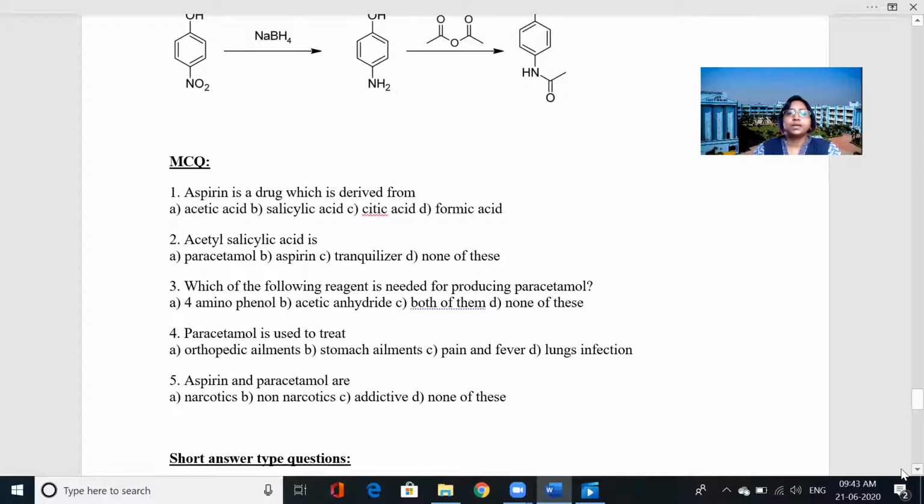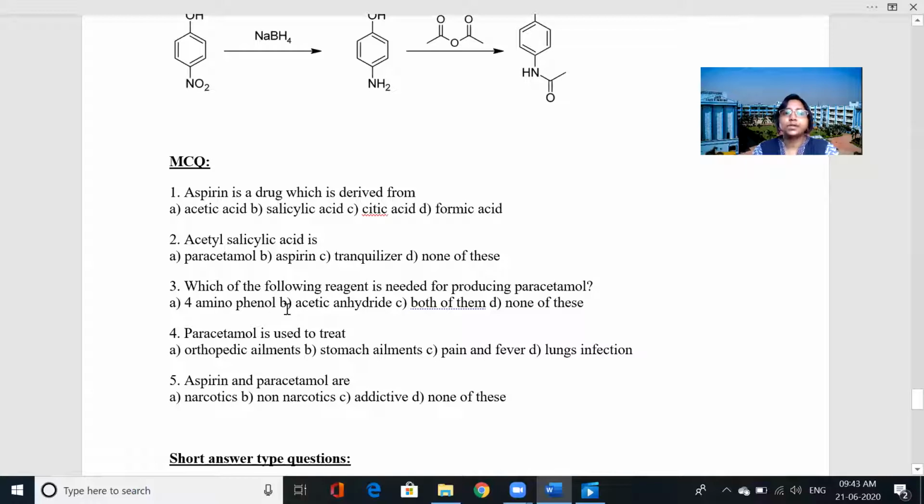The second question is similar, just the reverse way. The acetyl salicylic acid is paracetamol, aspirin, tranquilizer, or none of these. So what will be the answer? It will be aspirin, because you know the raw material used for aspirin is salicylic acid.